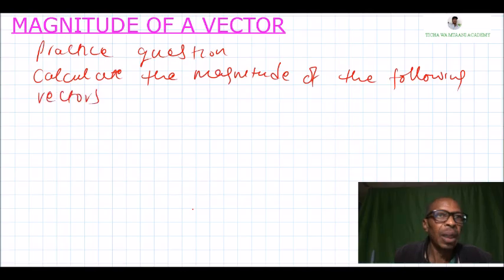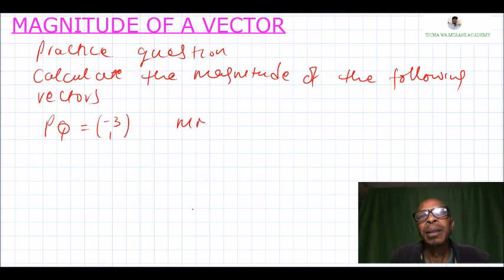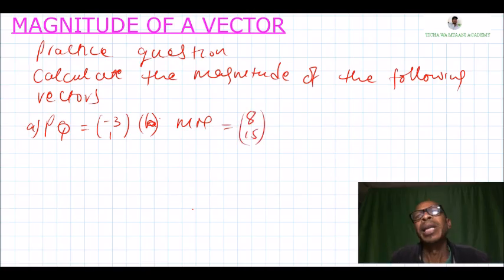So we can say PQ is equal to (-3, 1), and we have MN, I can call this B, and this is A. So MN is (8, 15). Let me write it properly. We have (8, 15). So you can do that. Give your answers in the comment section. I'll be able to see.